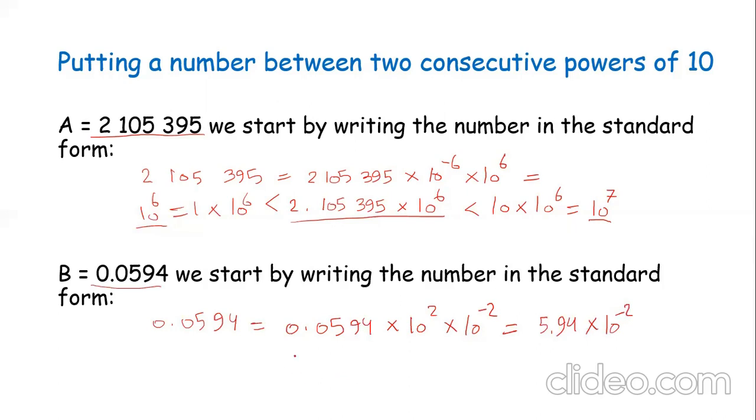Now, 5.94 multiplied by 10 to the power of minus 2, as we see, is the standard form of this number.